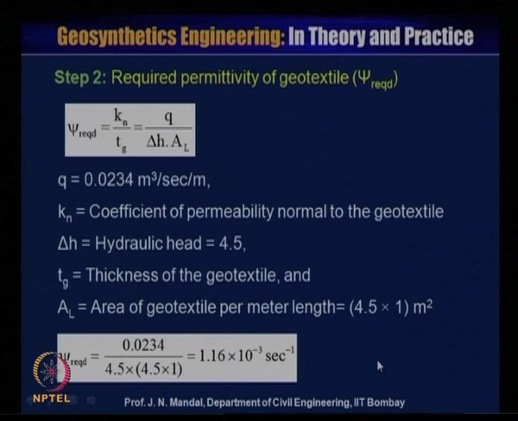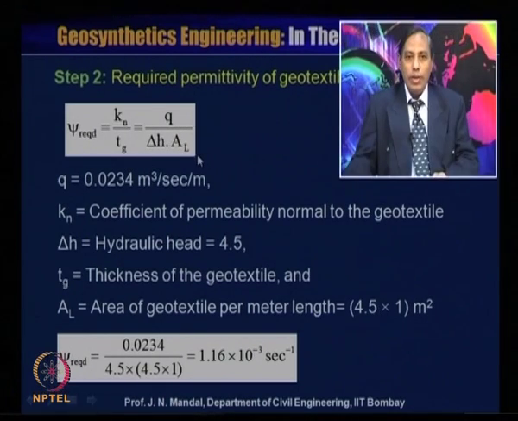Now step 2, what is the required permittivity of the geotextile, which is psi required. You know this equation: psi required = Kn by Tg = Q by delta H into Al.